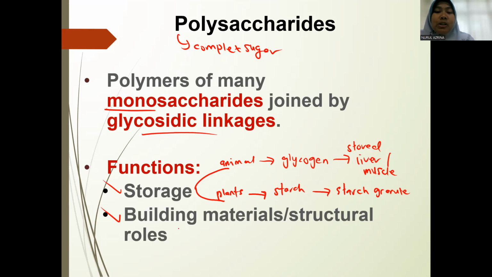Struktur apa tu? So kita akan tengok dua kategori. Satu in plants and second one in animal. So for plant, the building material that we refer to here is cellulose. Apa itu cellulose?